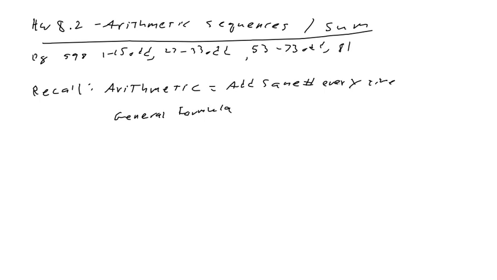The formula was a sub n is, you have the starting number, a sub 1, some starting number, plus the common difference times n minus 1. So a sub 1 is the first number in the sequence, and this d here is the common difference. It's basically what you're adding each time.